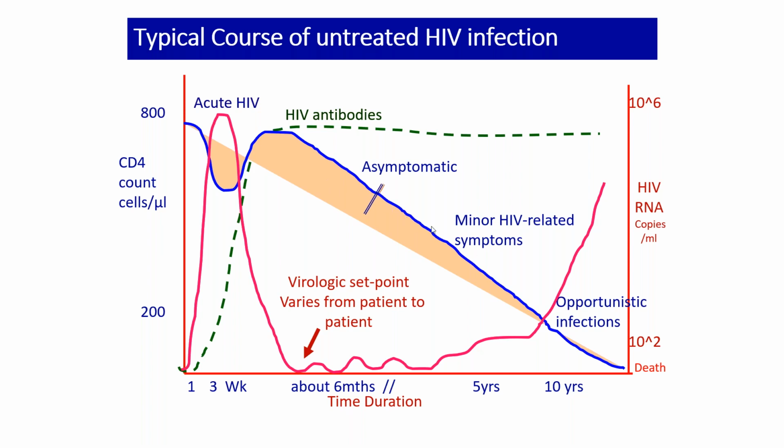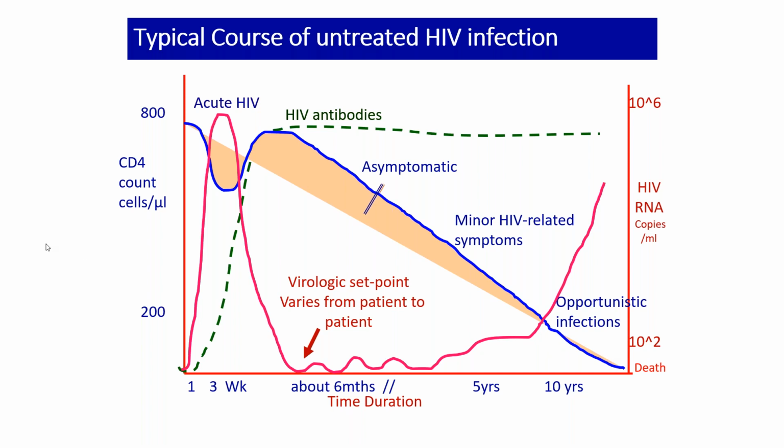As the CD4 count falls further to about 300, 250, minor HIV related symptoms start happening. Once the CD4 count falls below 200, that is when viral replication has again gained momentum. This is when multiple infections, which are called opportunistic infections, appear in these patients.